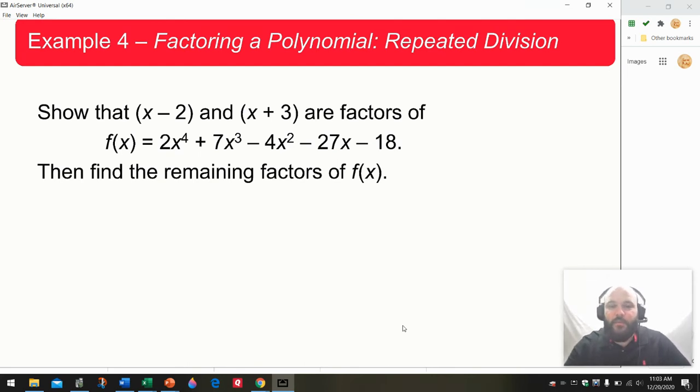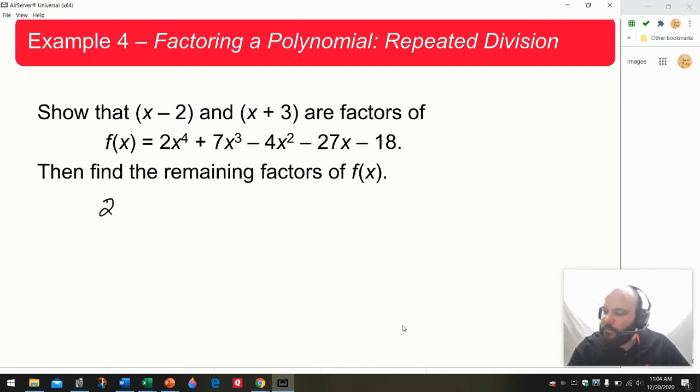Now, the way that we do that is we start picking away the linear factors one at a time. In this case, they gave us 2 of them. Now, if you look at the power here, it's 4th. Because it's the 4th power, that means it should have 4 of these linear factors. We know 2 of them, so we're going to go ahead and divide those out.